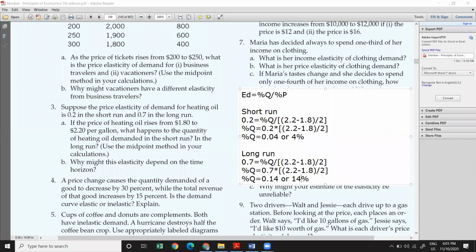So as you can see, in the long run the quantity demanded is more responsive than in the short run. This is the theory that is supported. So whatever we said in question 1, now we are applying in practice.